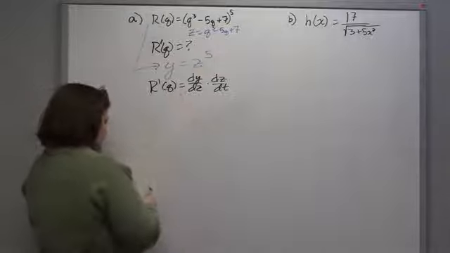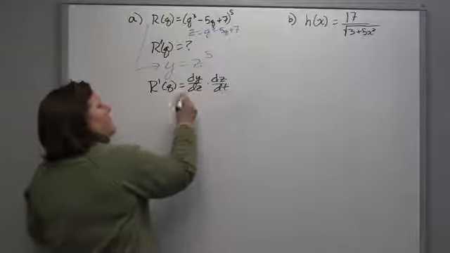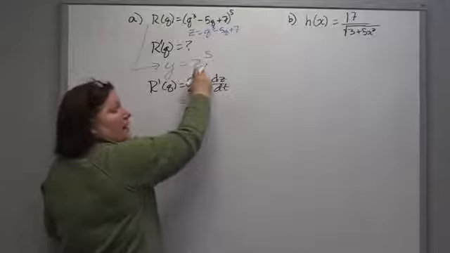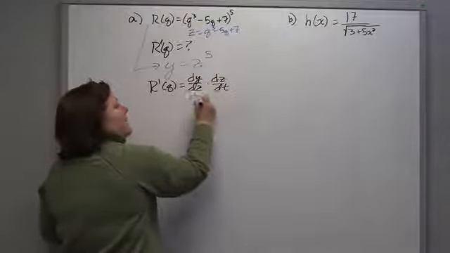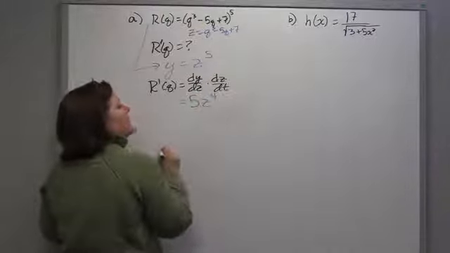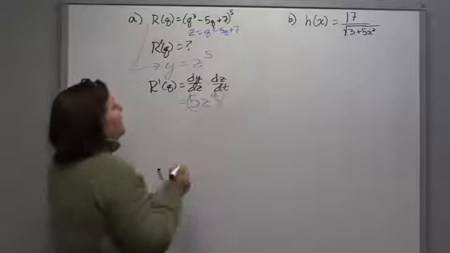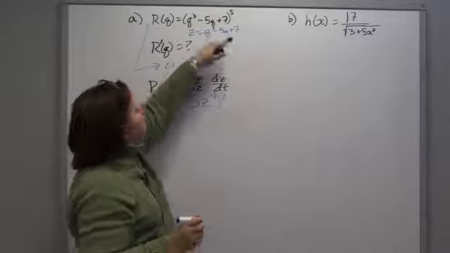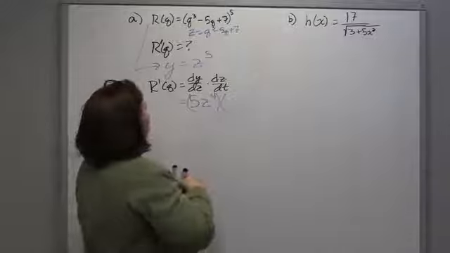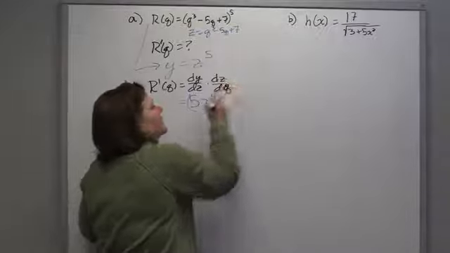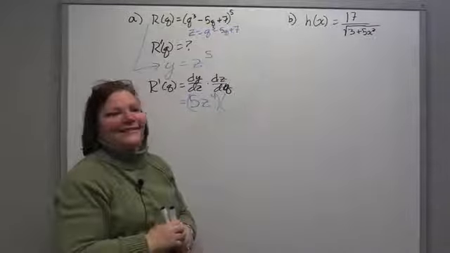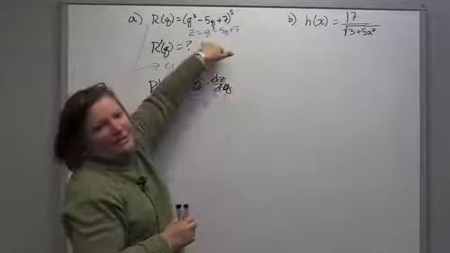So when we think of it this way, dy dz, using our power rule, is going to be 5z to the 4th. And then dz dt, dz dq, not dz dt, because q is our variable here.